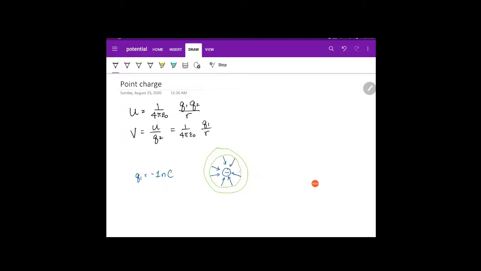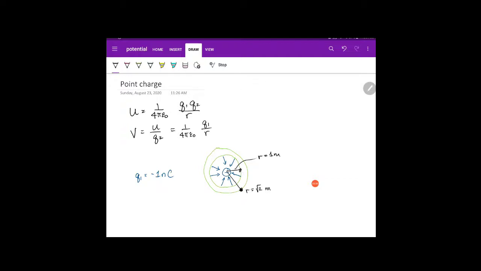And so we could say, well, what if we put a point here, and this is 1 meter, and say we put another point down here, and this is √2 meters.